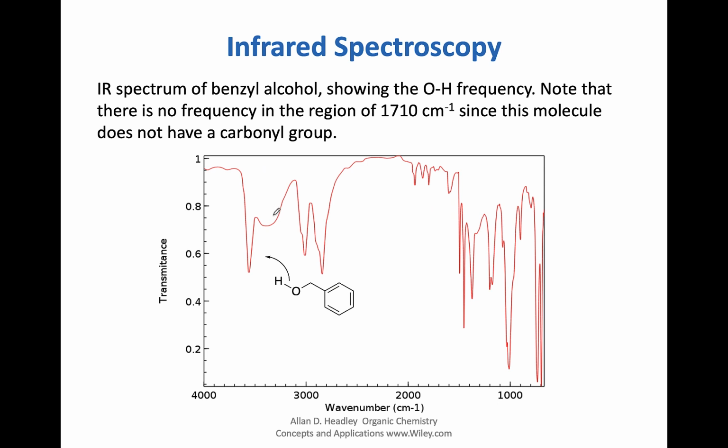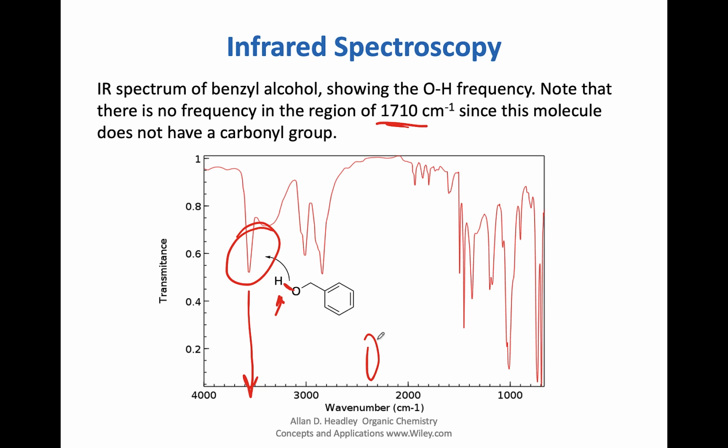Here's another example. Again, this one does not have a band at 1700, but it has a band in this region here of, what's that? That's about 3500. Again, an indication of the OH bond. We know it's an alcohol and not a carboxylic acid because there is no carbonyl band in this region of 1700.